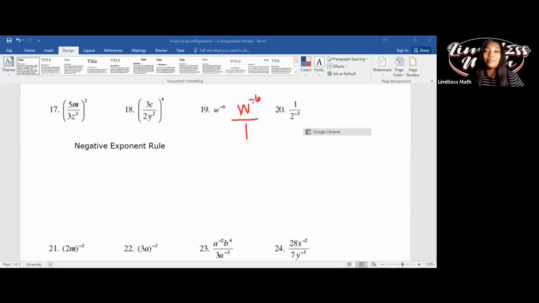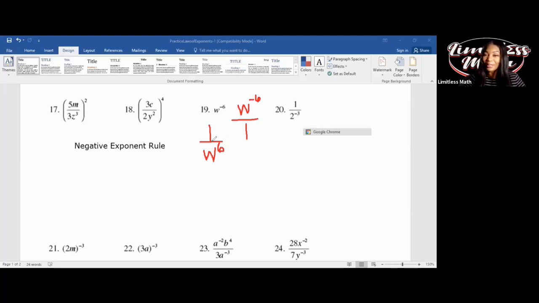Well, the w to the negative 6 is not happy right now at the top of the fraction. So to make it happy, we can flip it. We can switch its position in life, and we'll put w to the positive 6 on the bottom with the 1 on top. So now it is happy. It's not on the top anymore, it's on the bottom. And once it moves, it's no longer negative.